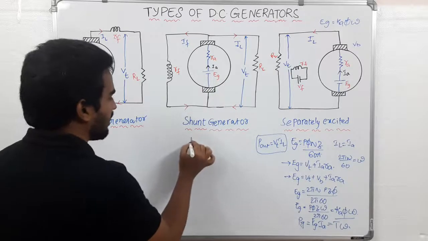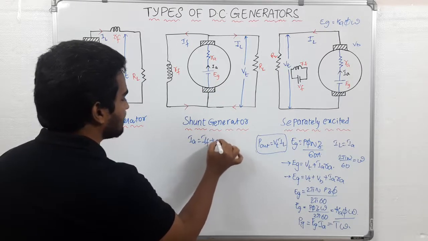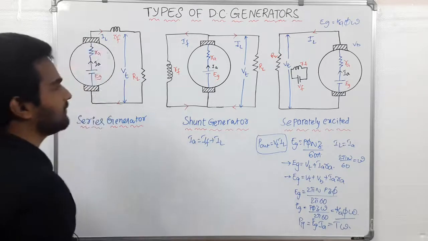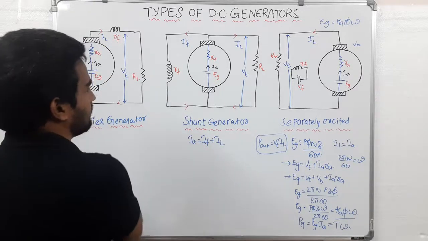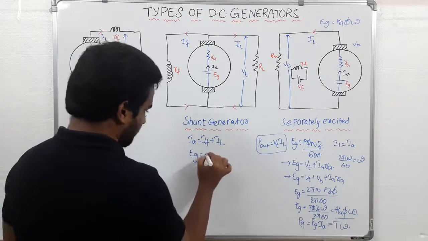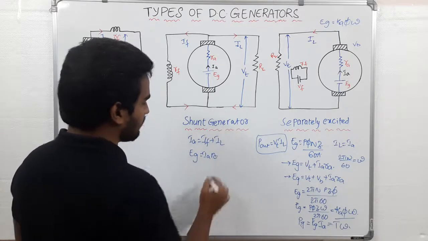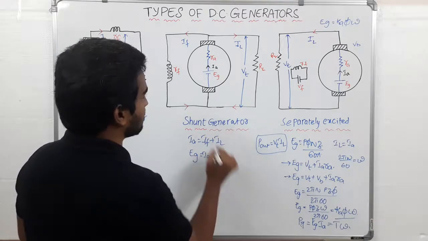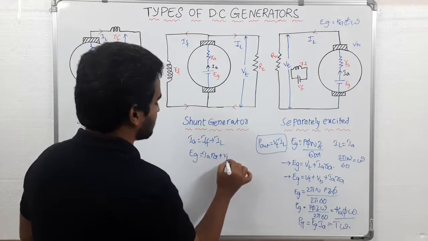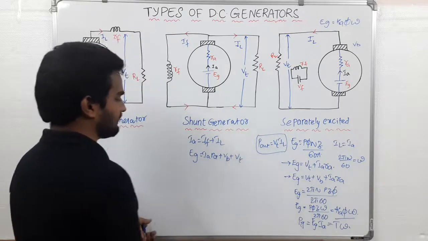So armature current Ia equals If plus IL, an important equation. Eg will become IaRa plus voltage drop across brushes plus terminal voltage.